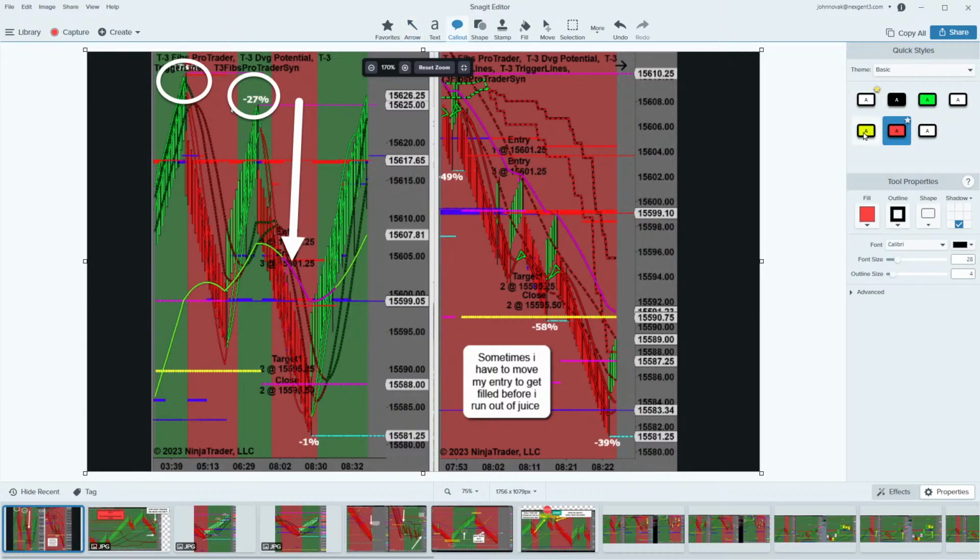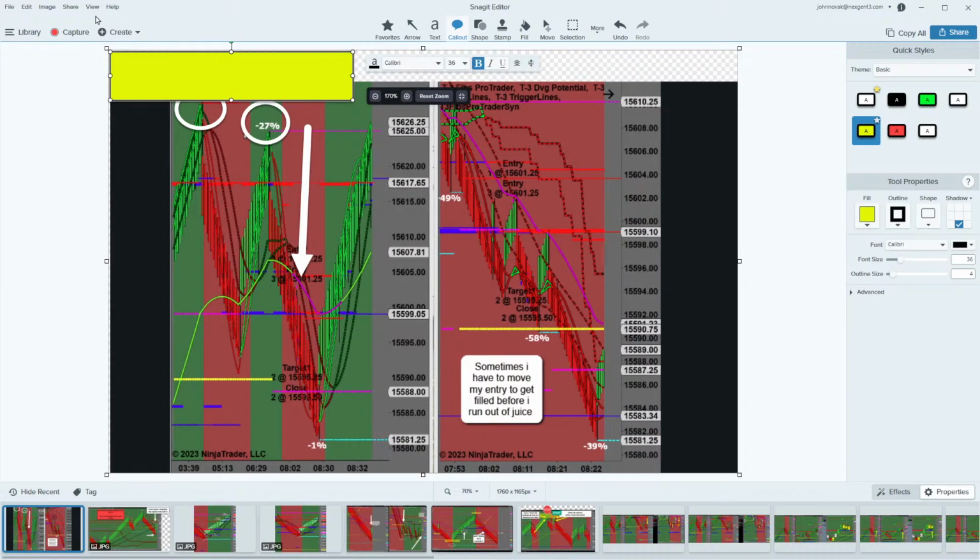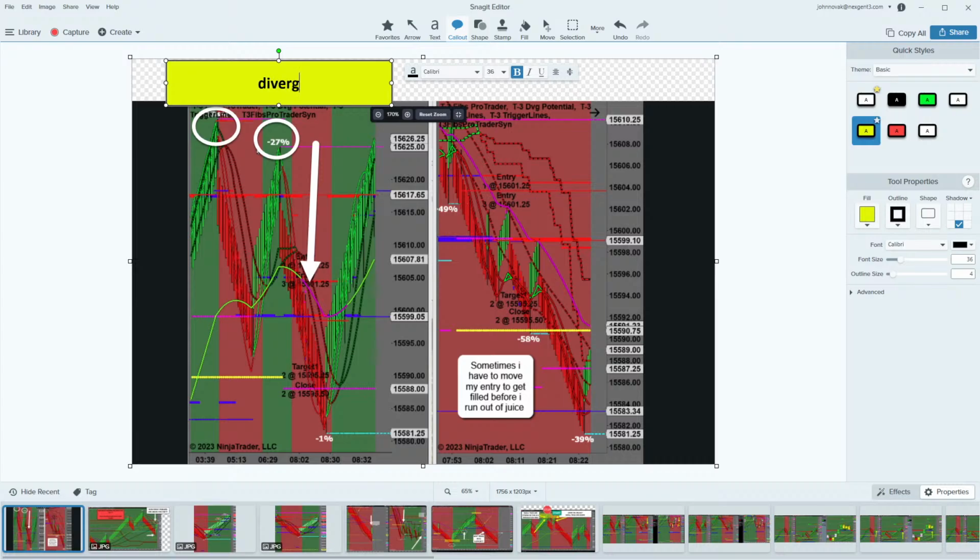And again, I think this is a really important exercise for you guys. So before there was ever a short trade taken, there was divergence, then lower divergence, and then small triggers down.